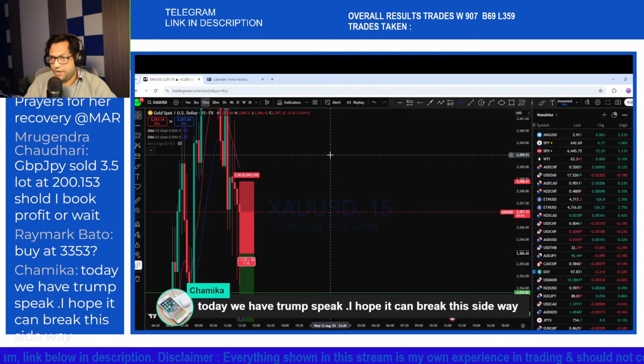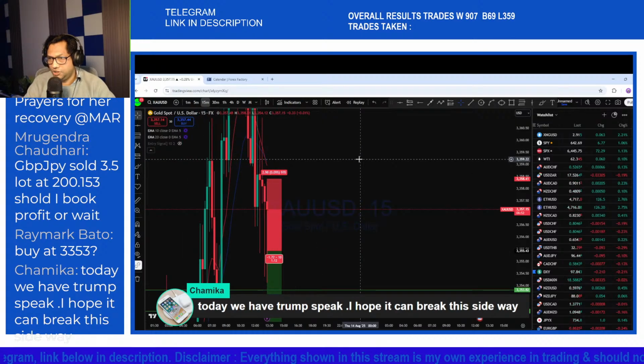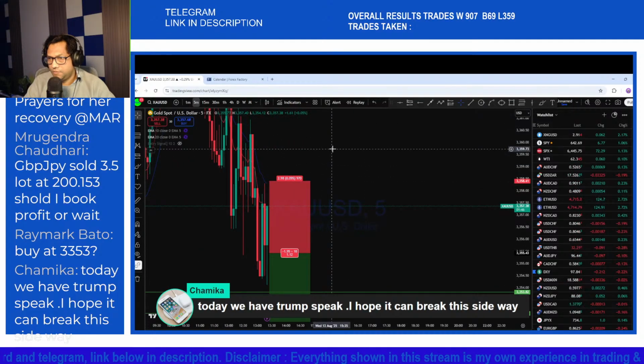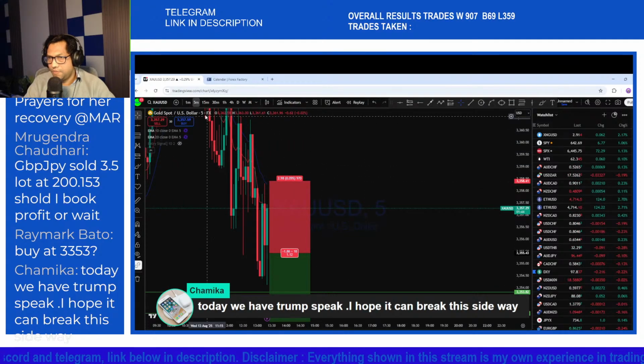It has bounced back to the upside for potentially another liquidity grab.